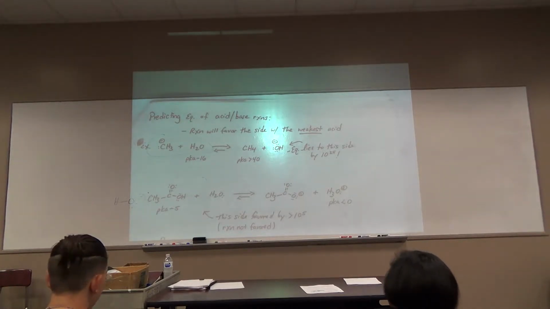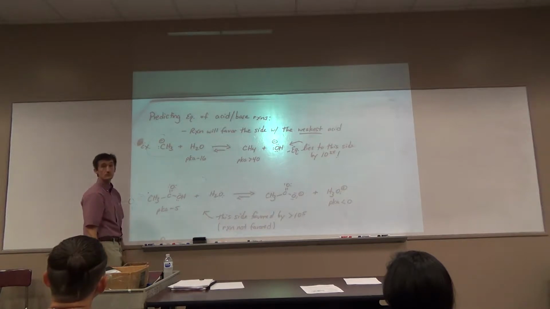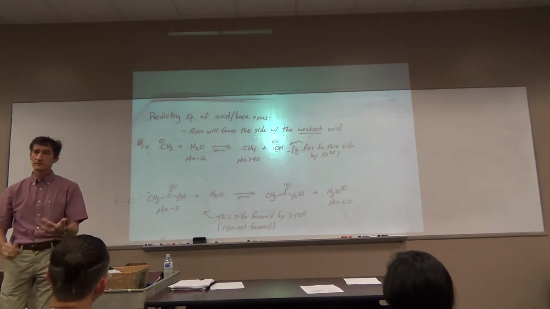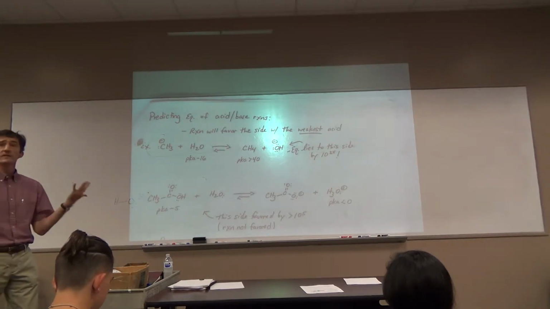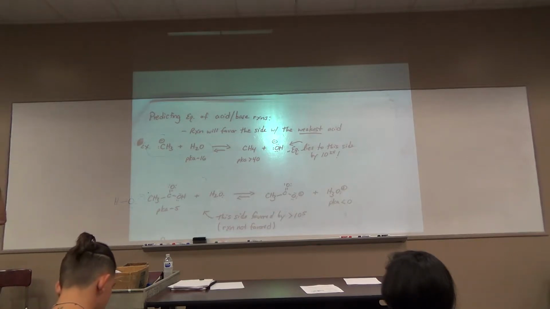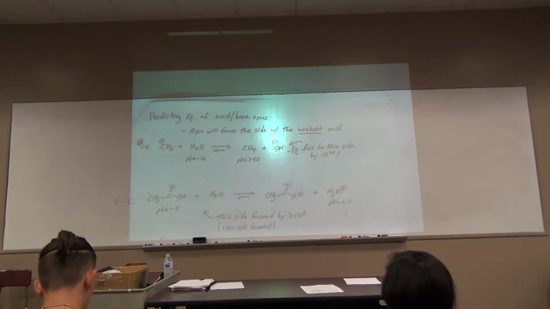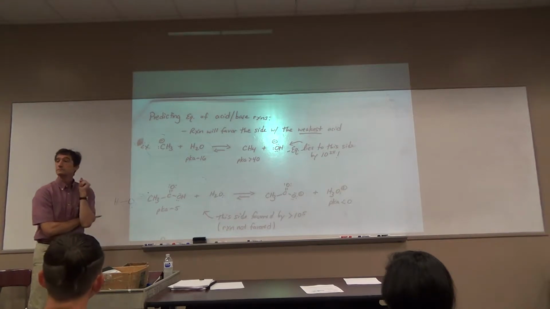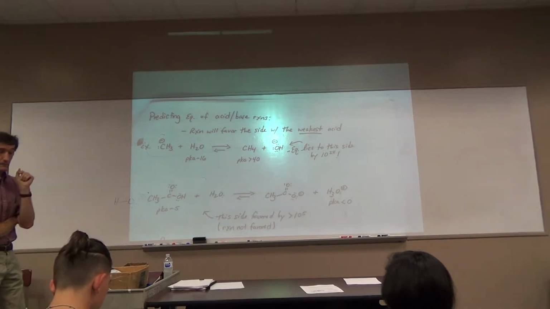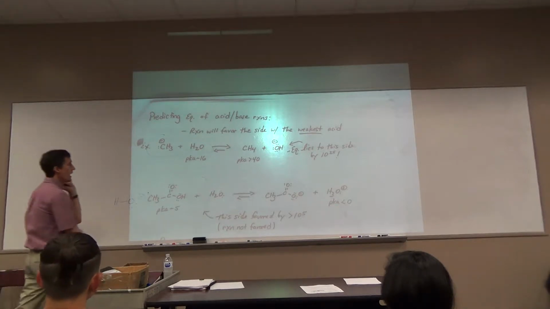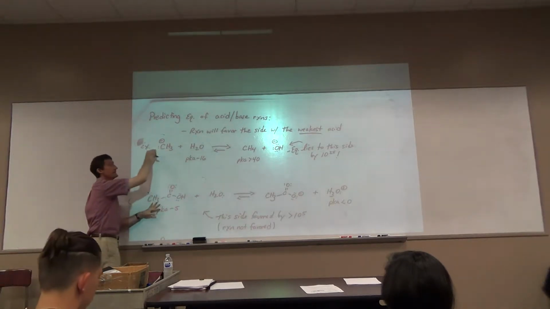What's the most basic atom in the circle? Because in any acid-base, you want to identify the base and then the acid. Let's identify the base first. What's the strongest base in the circle? The carbon. What's the most basic atom in the circle? A neutral oxygen or a negative carbon?